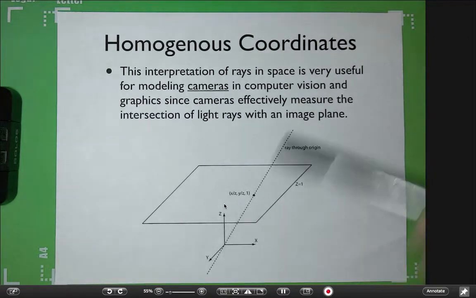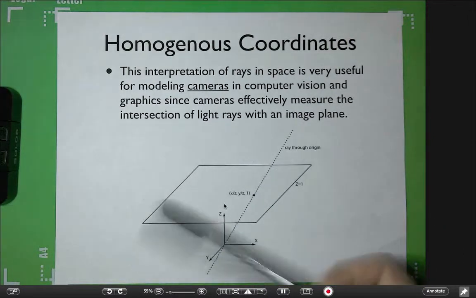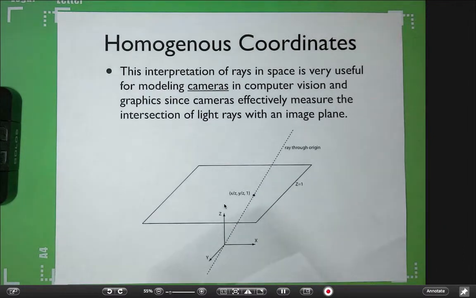You have some rays which are intersecting some plane. The plane you can imagine is the image plane, and the rays are like rays of light, and this would be like the focal point of the camera. So all the rays go through it, and this is basically how projection works. We will get to projection. Projection is probably the most complicated transformation, so we'll get to that last.